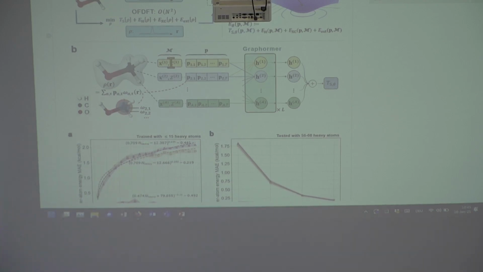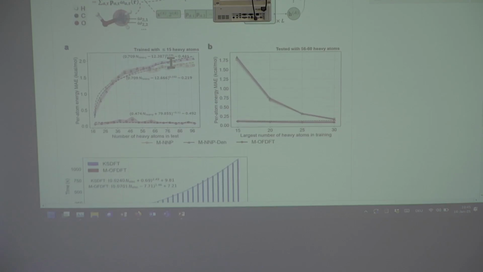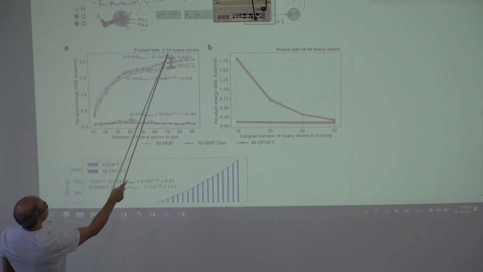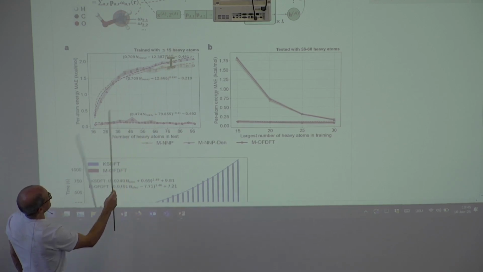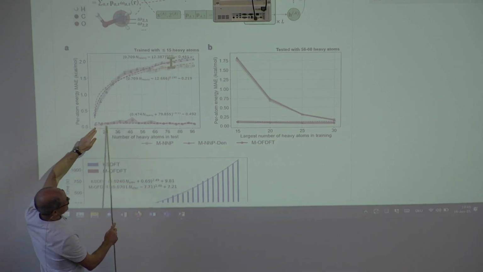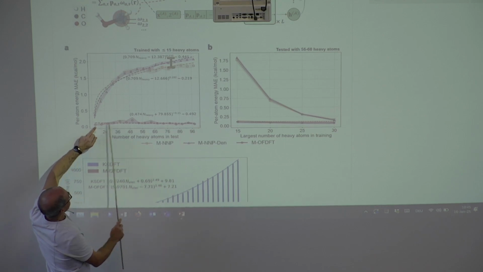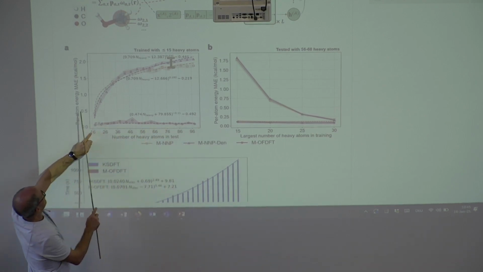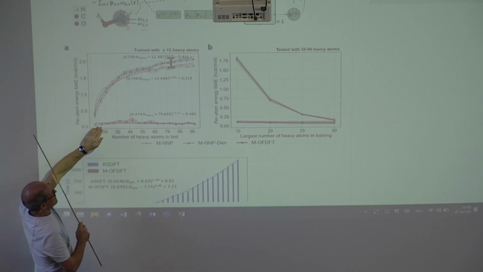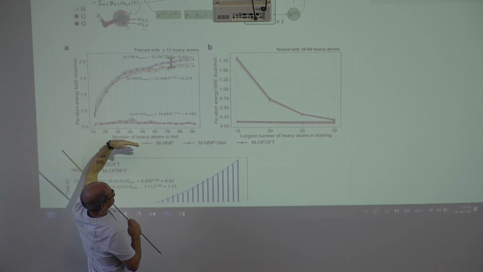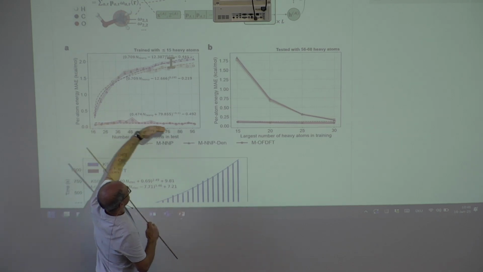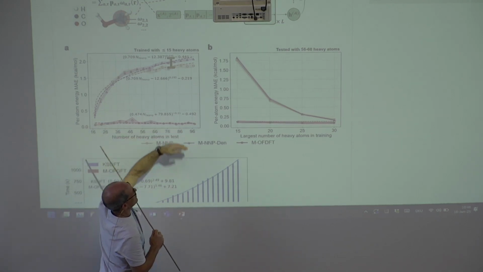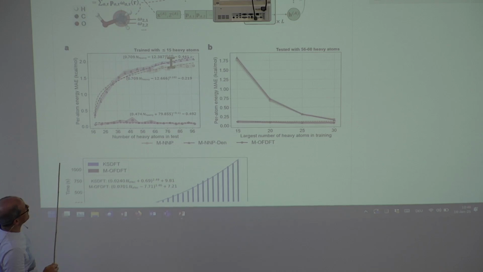And down here are very impressive results. So if you train it with up to 15 heavy atoms and you test it with much bigger molecules, then you see that this method, if you compute the error per atom, which is a bit, let's say, favorable towards the method, still extrapolates very well in this chemical space.